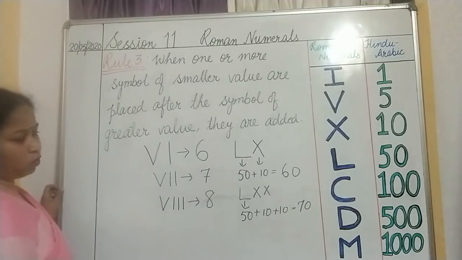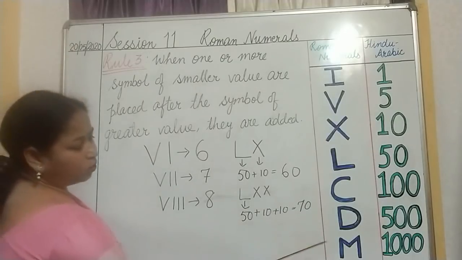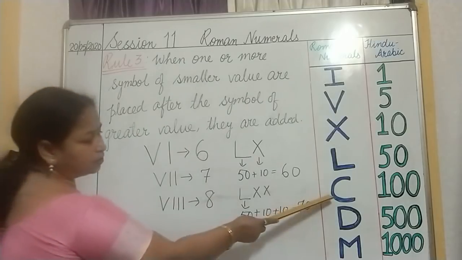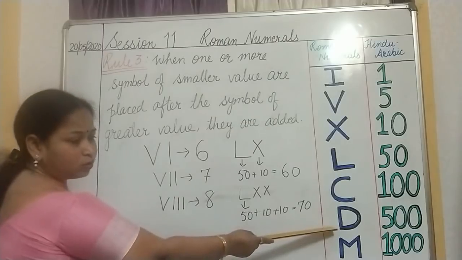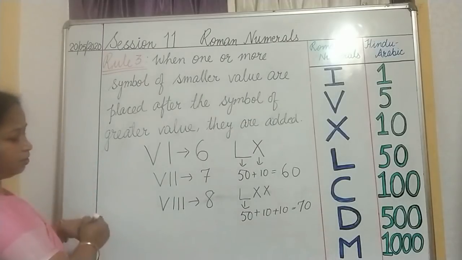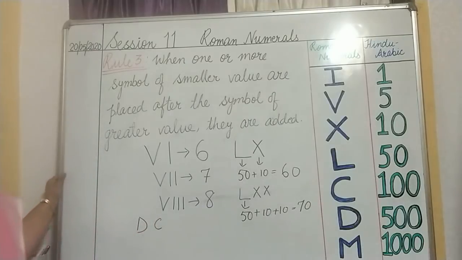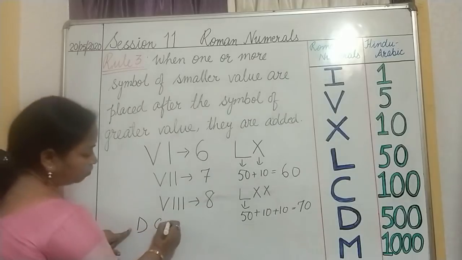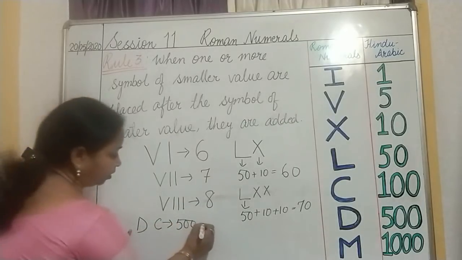Still we have some more symbols. Let us see how to deal with that. Here you have D and M, or if I compare C and D, which one will be greater? D, of course. If I write DC, D stands for 500, whereas C stands for 100.